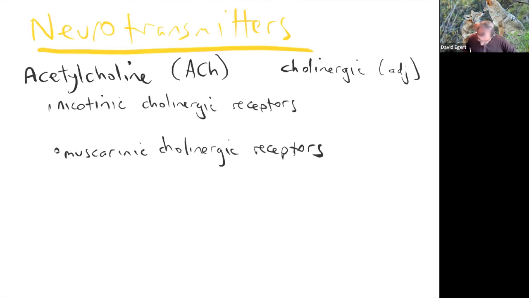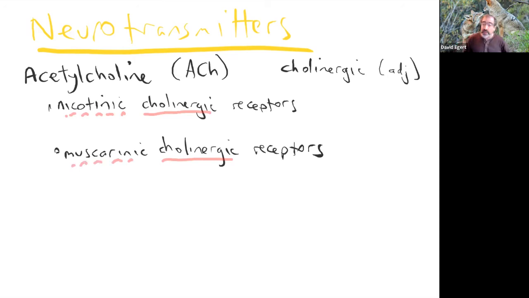They're both cholinergic because they bind acetylcholine, but then they have this differential part. Nicotinic cholinergic receptors, in the lab, you can identify them because they bind nicotine. If you're smoking a cigarette, getting a little awake and a little more focused, it's because your nicotinic cholinergic receptors are binding the nicotine and turning on these attentional circuits.